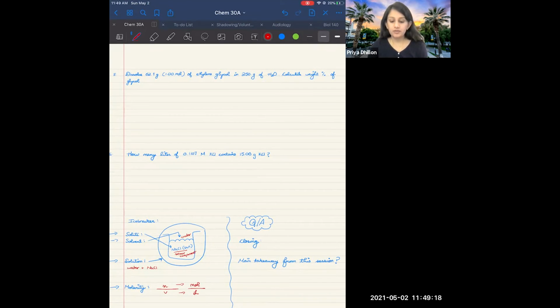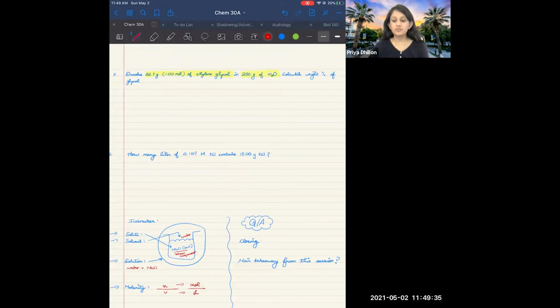Okay, so for this problem, they said dissolve 62.1 gram of ethylene glycol. So we have grams and then grams of H2O.